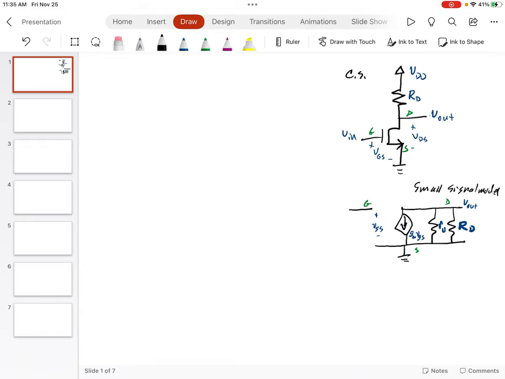This makes it very easy to find the input and output resistance and the gain. So we have R in, we have R out. That's from the standpoint of the load, which we don't have. And then we have an overall gain.